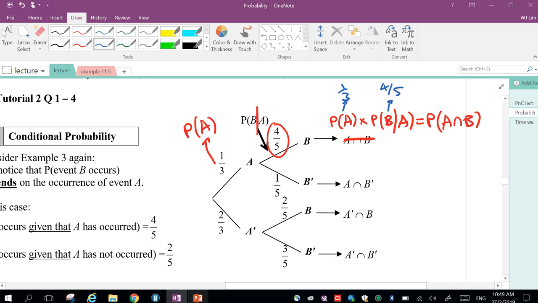The branch here is the probability of B given that A has happened.